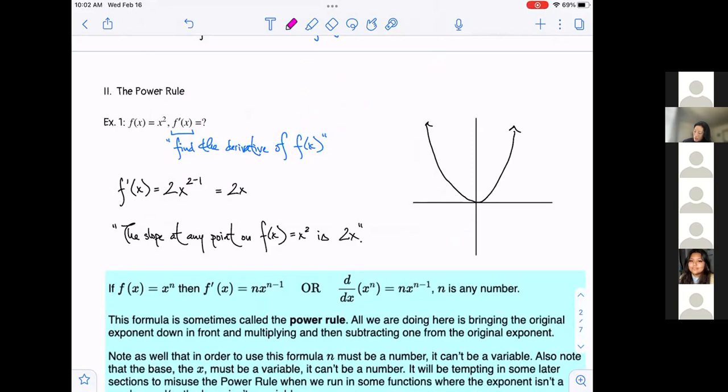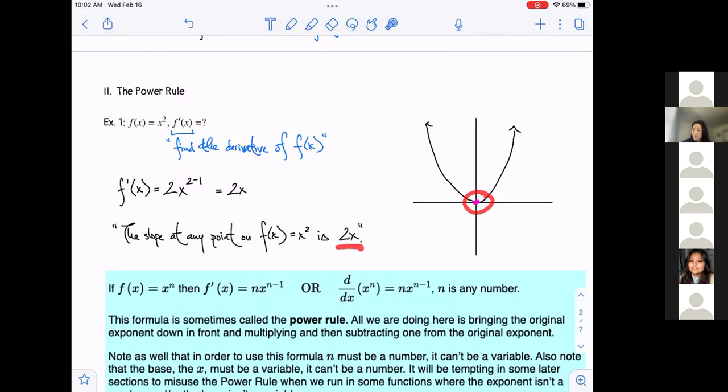And let's pick some points. What's the x value at this pink point? X value is 0, okay? So if I want to find the slope at x equals 0, I'm going to plug 0 in for x into this derivative.